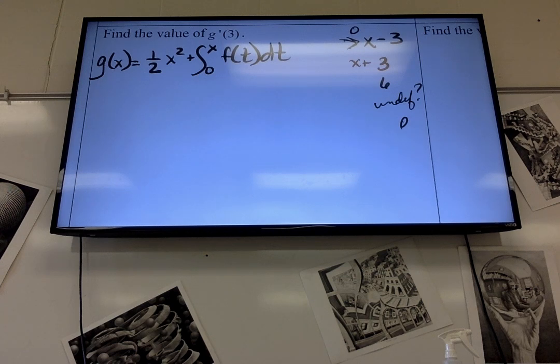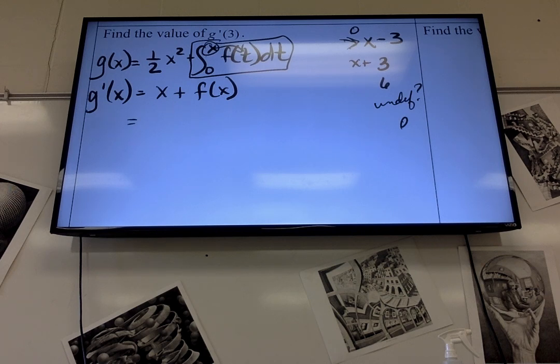Okay, so I just rewrote g of x. Alright, so now g prime of x, 2 times 1/2 is 1. Lower the exponent by 1, so that's just x. Plus, now when I take the derivative of an antiderivative, I put this in there. Oh, shoot. So it's f of x times the derivative of x, which is just 1. Okay.